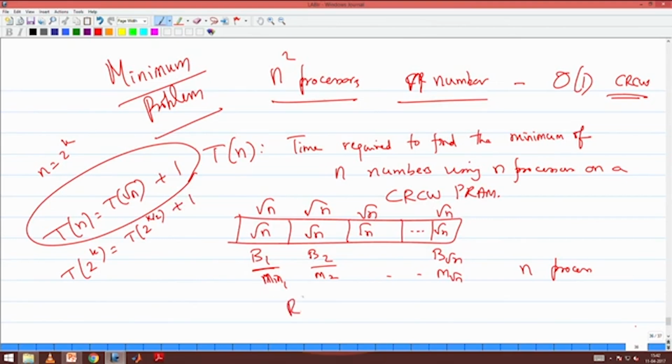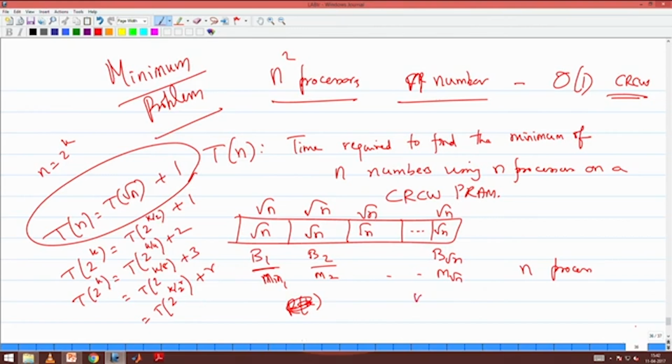So T(2^k) is equal to T(2^(k/4)) plus 2. This is equal to T(2^(k/8)) plus 3. In general, T(2^(k/2^r)) plus r.